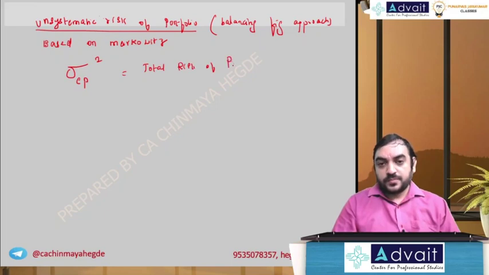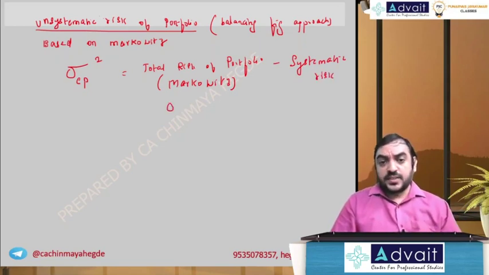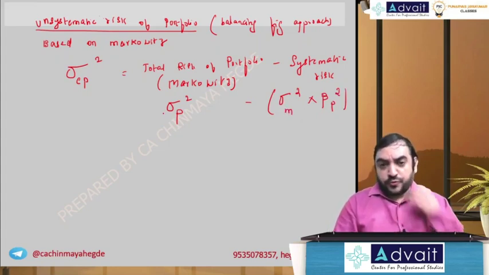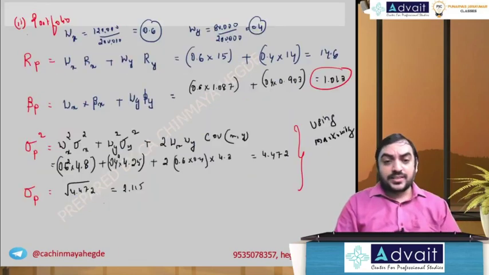of portfolio, that is using again Markowitz, minus systematic risk. Total risk of portfolio, that is sigma p square, what we calculated, minus systematic risk, what we just calculated, that is market variance multiplied by beta of portfolio square. We just calculated now systematic risk. So portfolio, what we calculated, let's observe.